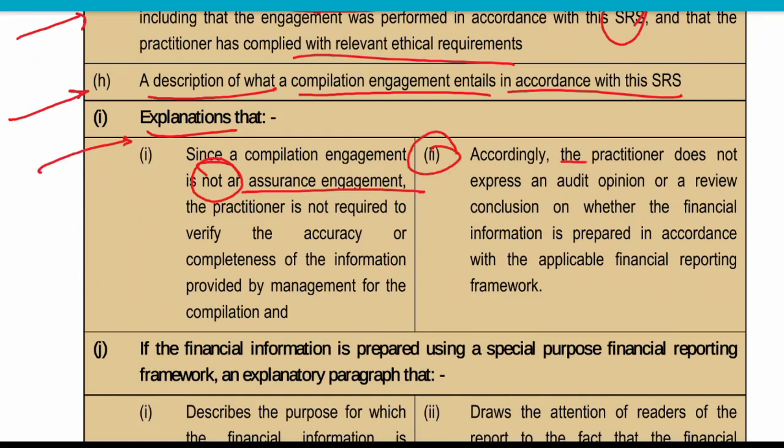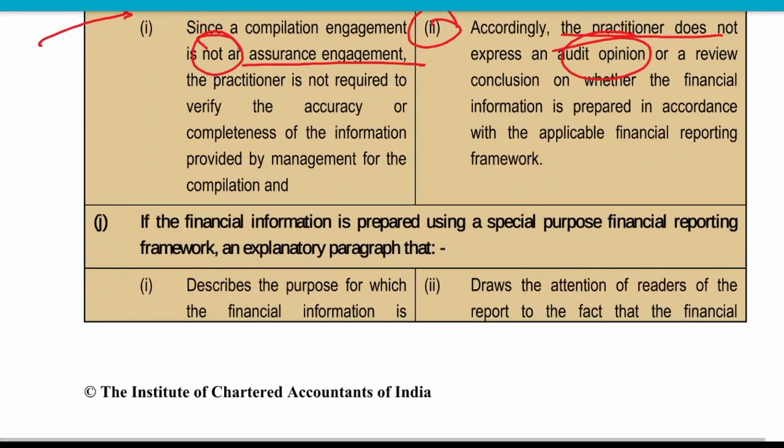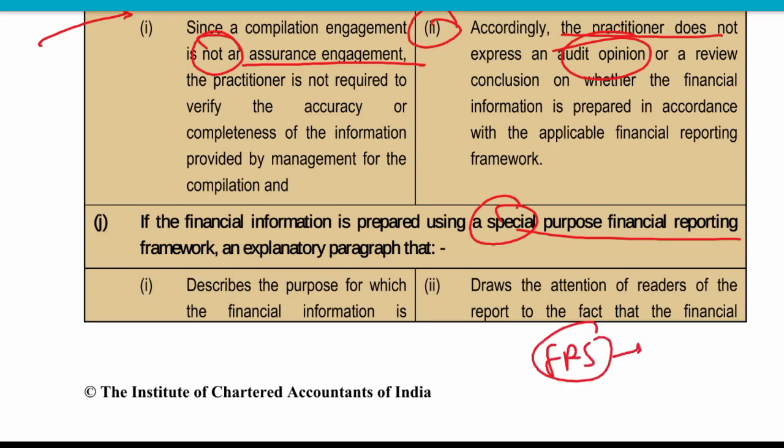And accordingly, the practitioner does not express an audit opinion. This applies if the financial information is prepared as per a special purpose financial reporting framework. Now, what is a special purpose financial reporting framework? It is a framework that is used for some special purpose only, like maybe creditors, etc. We will learn more in the SRS 800 series.